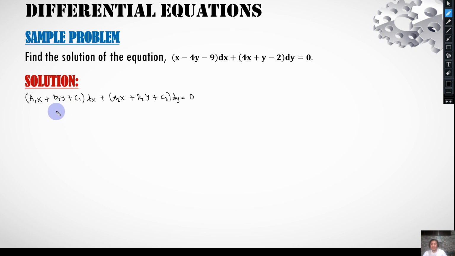So ito yung standard form natin. So by this, we can identify our a sub 1, b sub 1, c sub 1. Also a sub 2, b sub 2, and c sub 2.